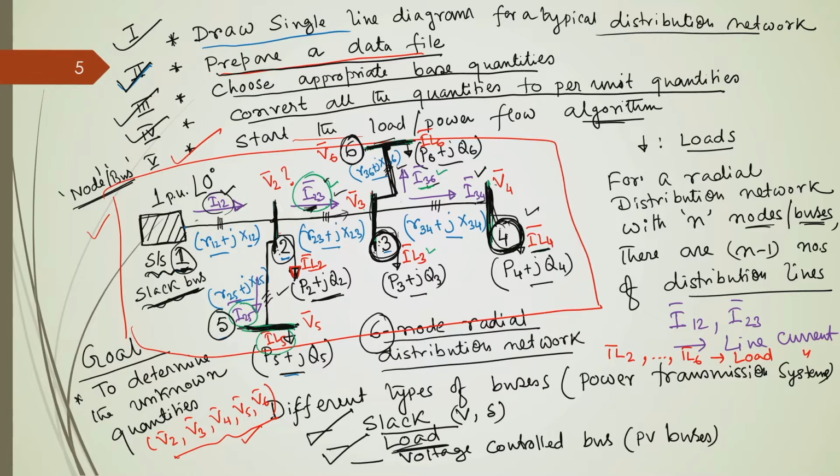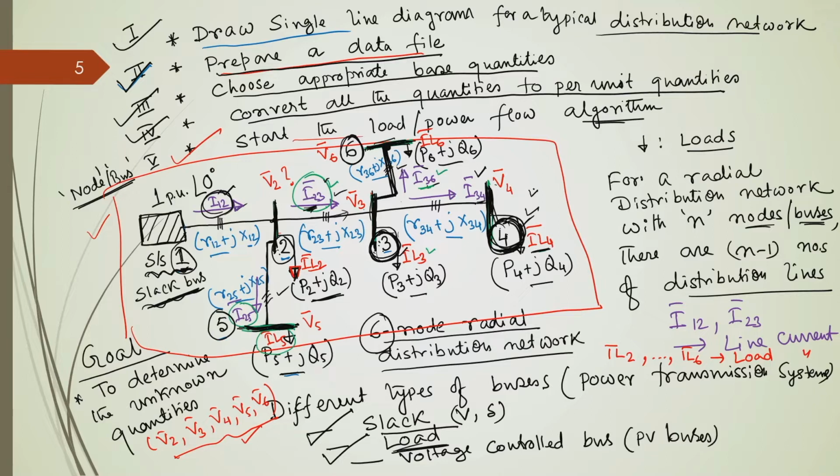The line current connecting node 2 to node 3, that is I 1 2, is a function of all the load currents, because it is near to the substation. But the line current connecting node 3 to node 4 is independent of the load currents of all other nodes except node 4. So I can calculate it even though I do not know the load current of any other node, and that is why I start this process from the terminal node.